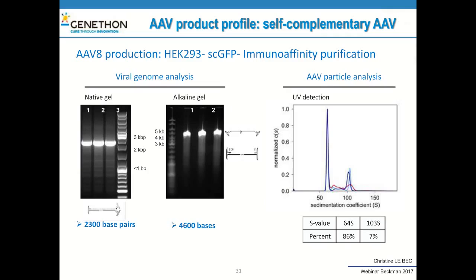On the right panel, we made the AAV analysis by AUC, and you can see one peak for 3 different batches. We have mostly one peak around 64 S. These are empty particles, which represent around 86%. And at 103 S we have the full particles, the double-strand AAV particles, which represent around 7%.